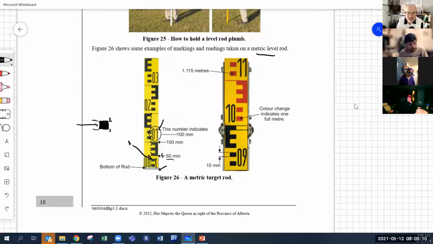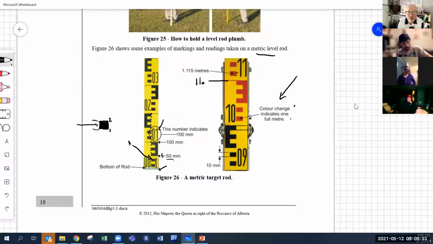Now, these are a little different in here. It shows you a little higher up. The red or the color change indicates 1 meter. So this line right here indicates 1.1 meter. And now they have this in the middle.